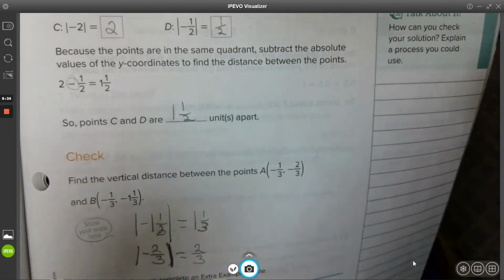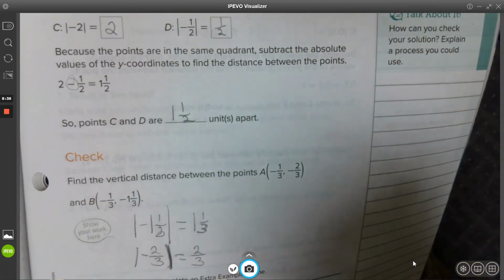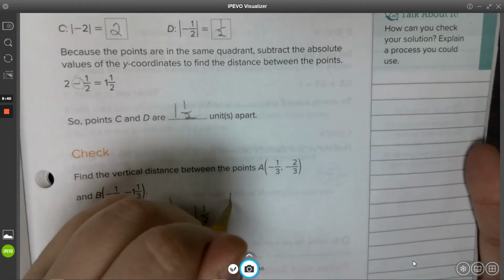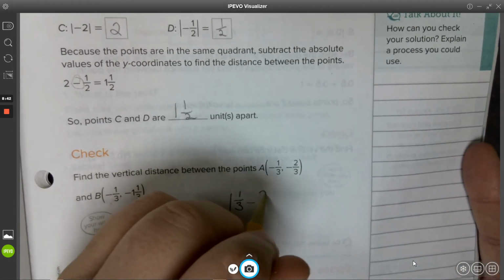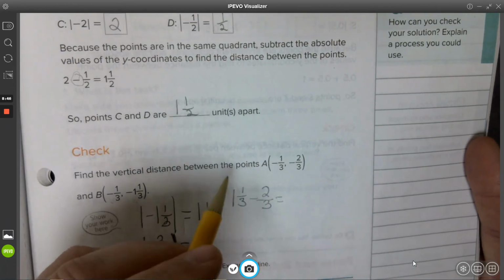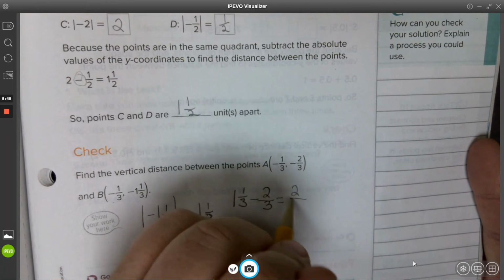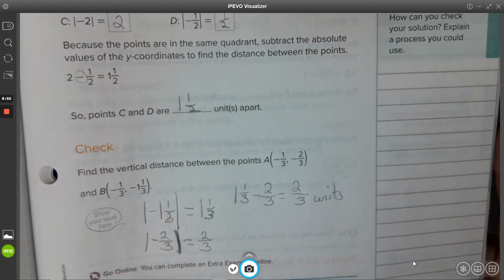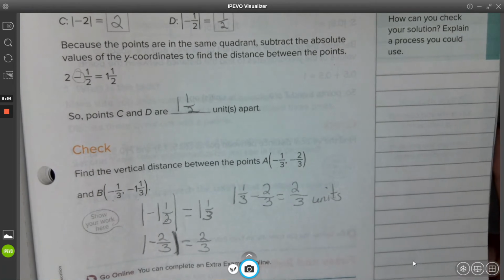Because they are in the same quadrant, right? They both have negative negatives. We subtract. 1 and 1/3 minus 2/3 would give us 2/3. So 2/3 units would be your answer for this problem here.